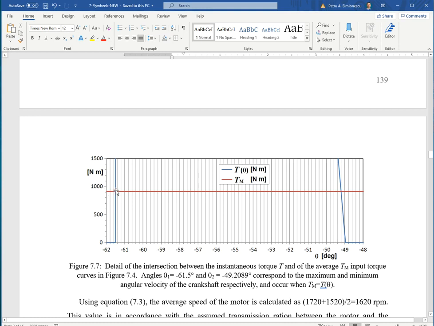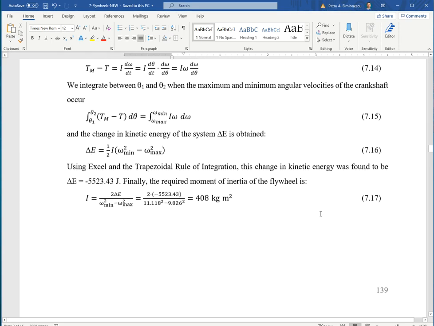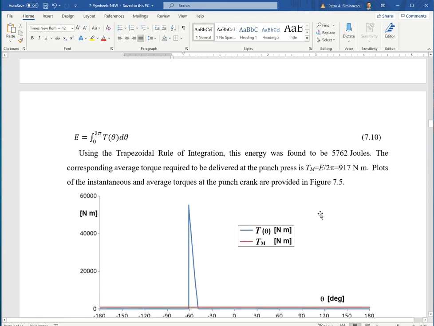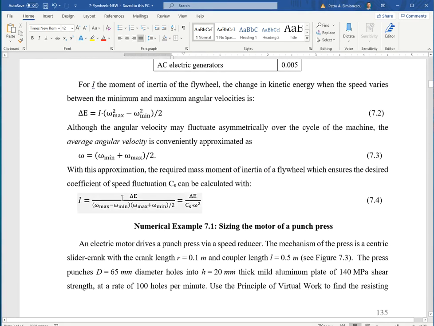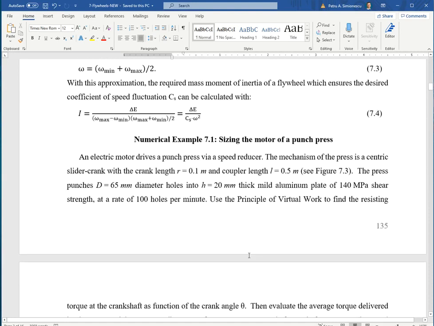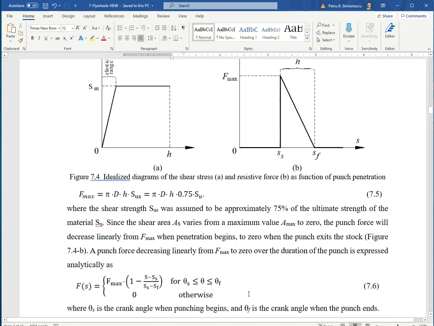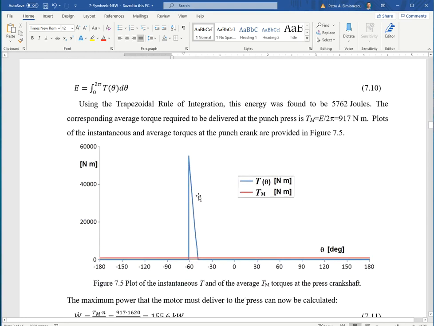During the punch, I have a little bit of energy delivered from the motor, but the majority of it comes from the flywheel, which slows down from the maximum RPM to the minimum RPM. Okay. So that delta E, in calculating the required moment of inertia of the flywheel in the earlier equation, is going to be, for this graph, the area above the red curve and delimited by the blue curve.